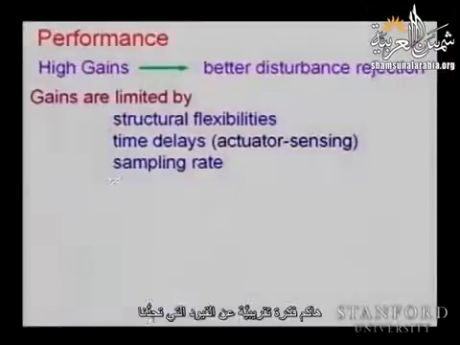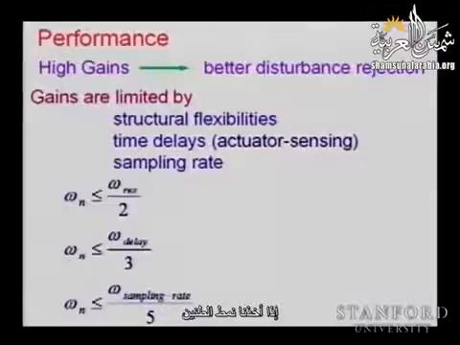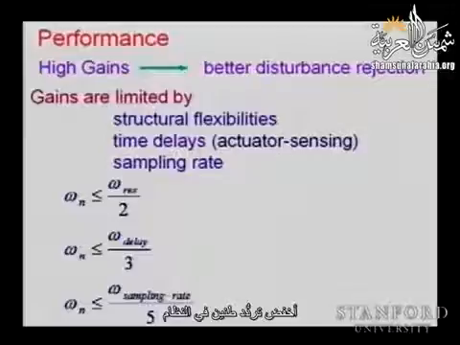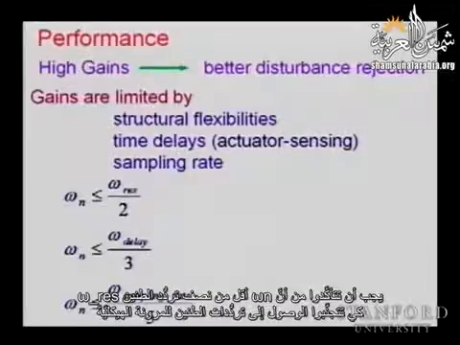So here is a rough idea about the limitations you have. If we take the lowest resonant mode of your system, you have to make sure that your omega n is lower than half of that resonant mode in order to avoid catching those structural flexibilities.